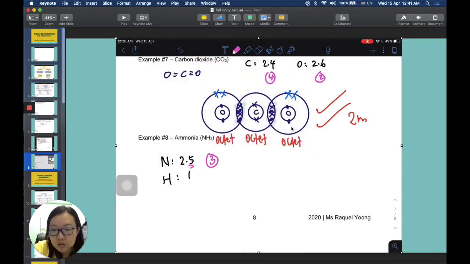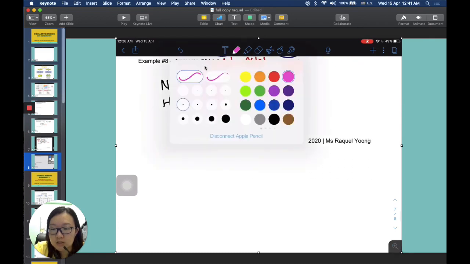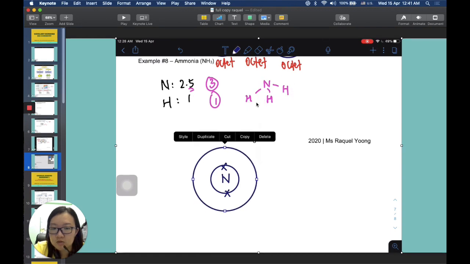Example 8, ammonia, same thing. Nitrogen is 2.5, it needs to share 3, and then you have hydrogen that needs to share 1. So again, if you know the chemical formula, it's very easy. There are 3 hydrogens surrounding your nitrogen, so it should look something like this. So again, in your diagram, draw the central atom first, which is nitrogen.